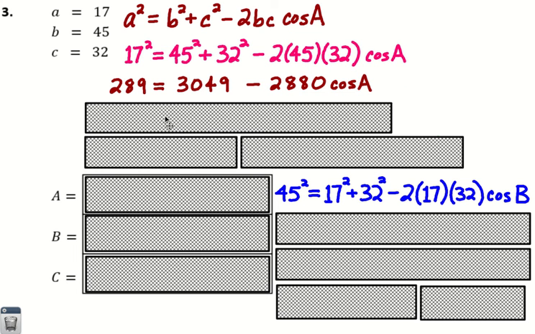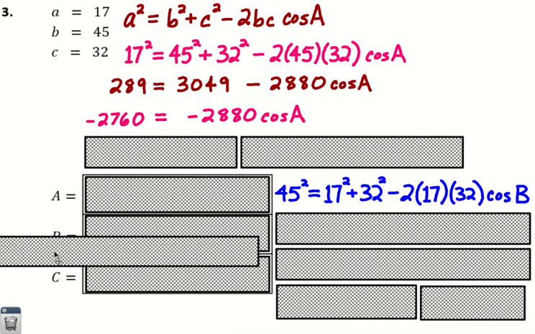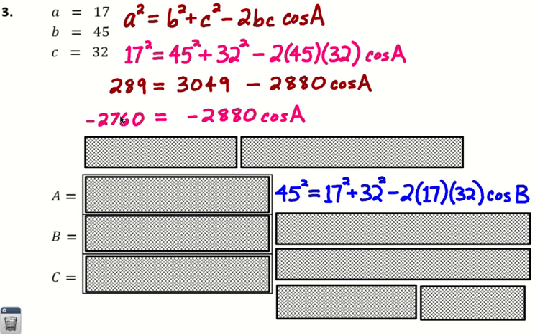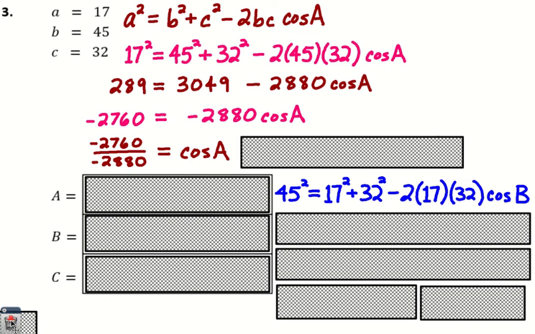And what do you do next? Wouldn't you now want to subtract 3049 to the other side? And you would get this. So 289 minus 3049 gets you this. And that sets you up to divide both sides by negative 2,880. So again, we're dividing both sides by negative 2,880.